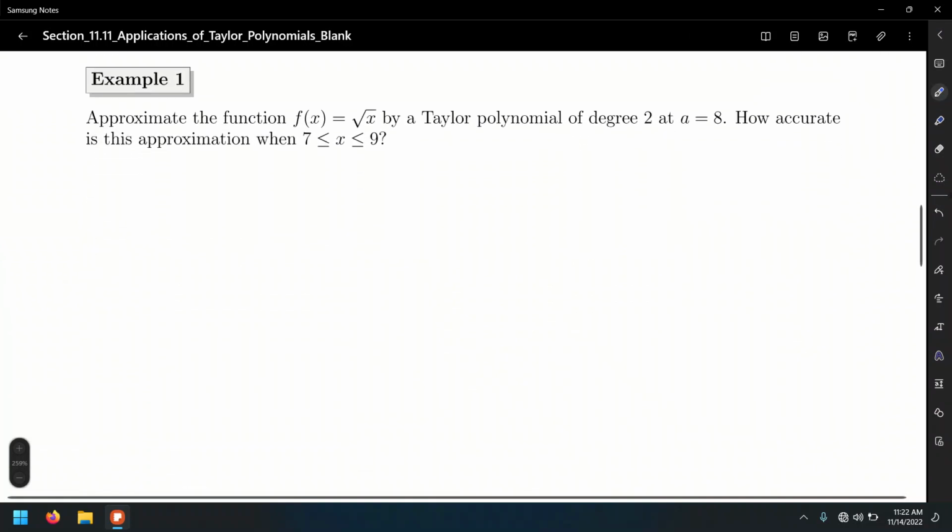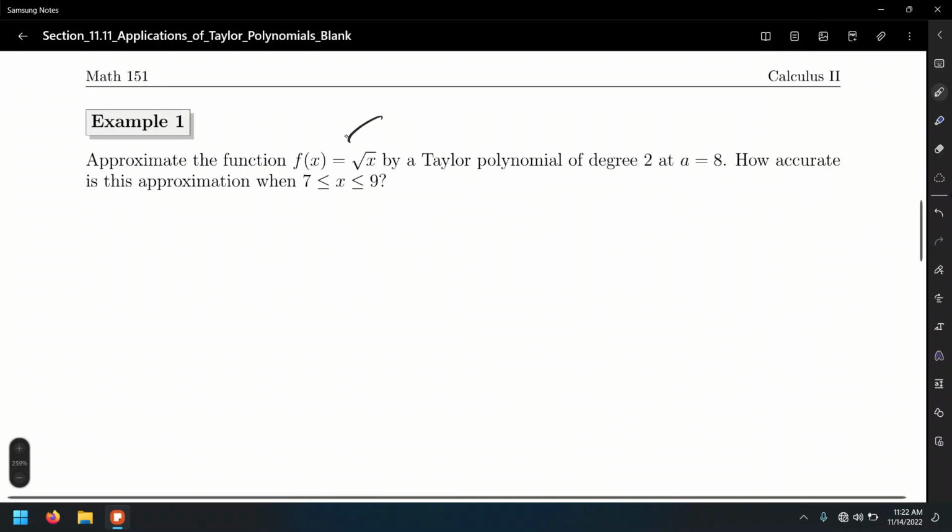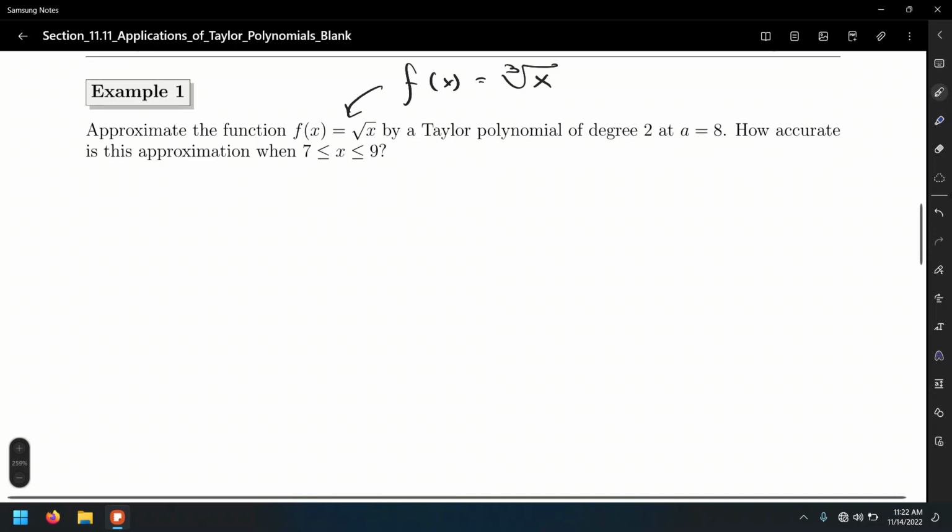So, approximate the function, and by the way, there's a little typo here. This is supposed to be f of x equals the cube root of x, not the square root of x. It's a different function. Alright, let's do the usual: evaluate the function at the center value, which is a, take the derivative, and the second derivative, up to the second derivative because we want the second degree polynomial.